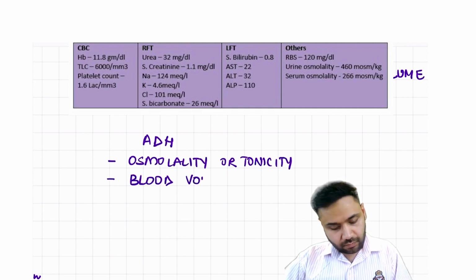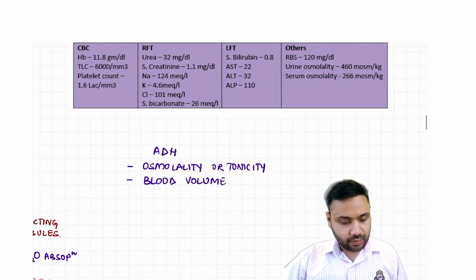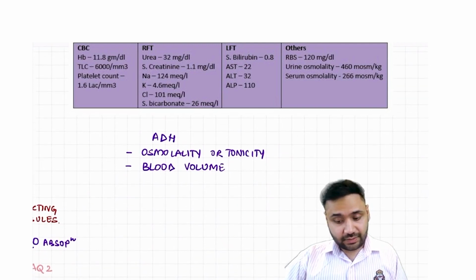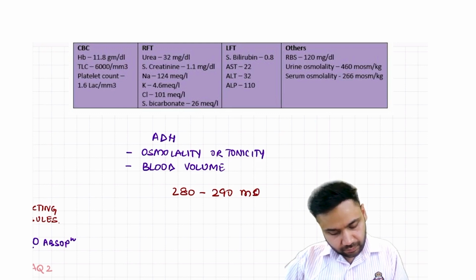So, serum osmolality is maintained between 280 to 290 milliosmol per kg.